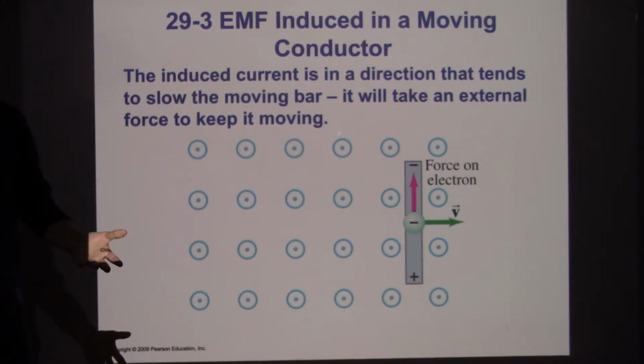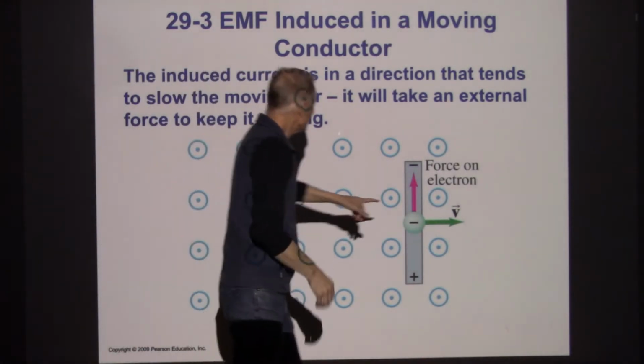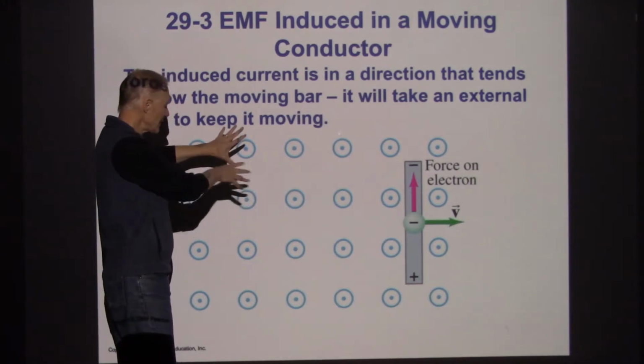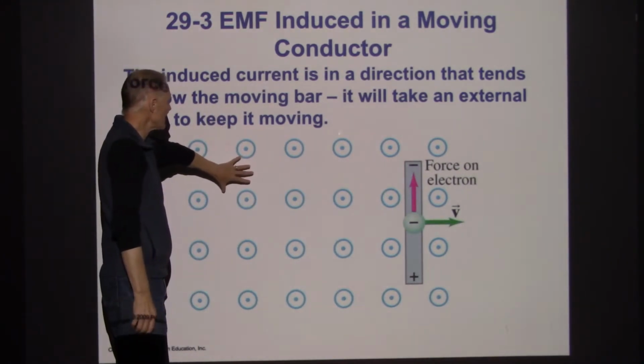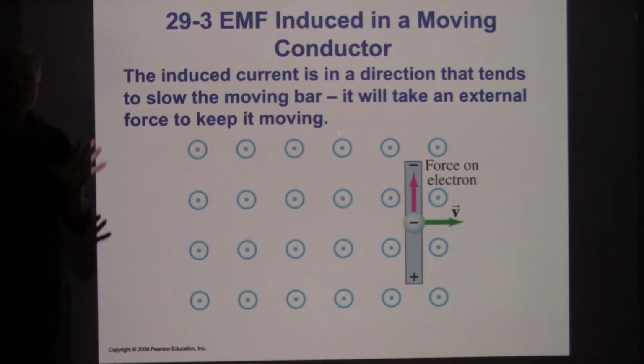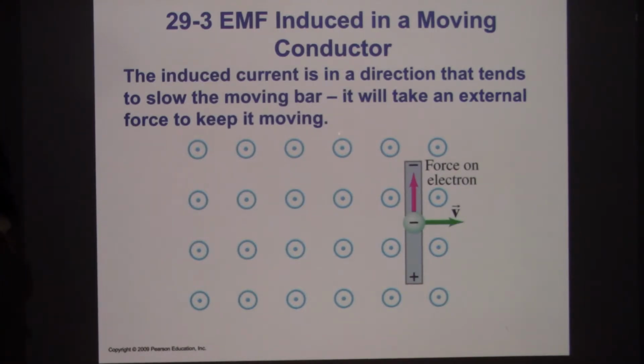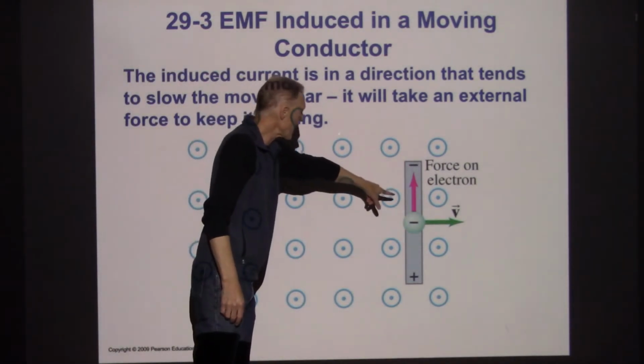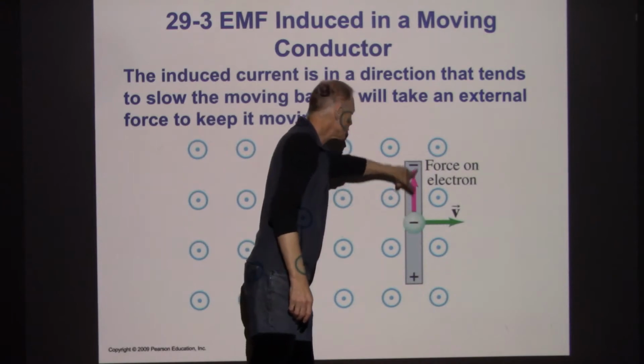Those charges are experiencing a force due to the activity of the charges that are maintaining the magnetic field. That magnetic field is being maintained by other charges in motion, and those other charges create a magnetic force that pushes this charge along.